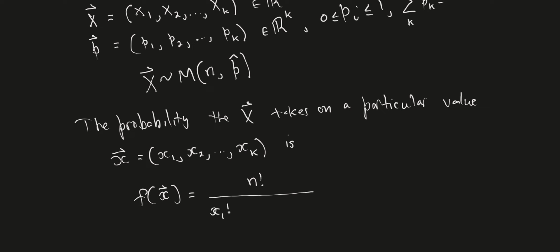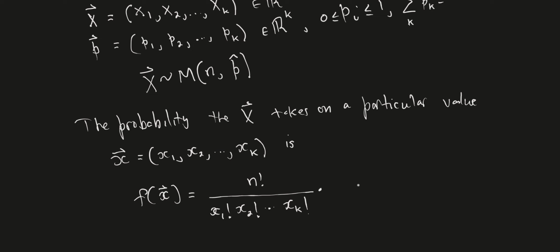Simply x1 factorial, x2 factorial times dot dot dot xk factorial. So these are the specific numbers to say how many of event 1, how many of event 2, how many of event k. So those values are here in the denominator.